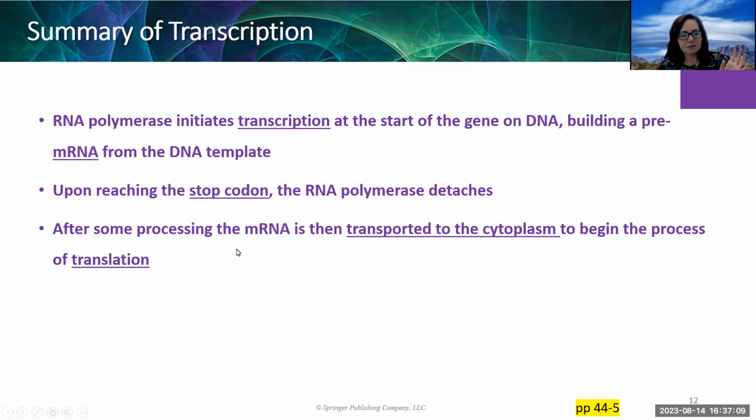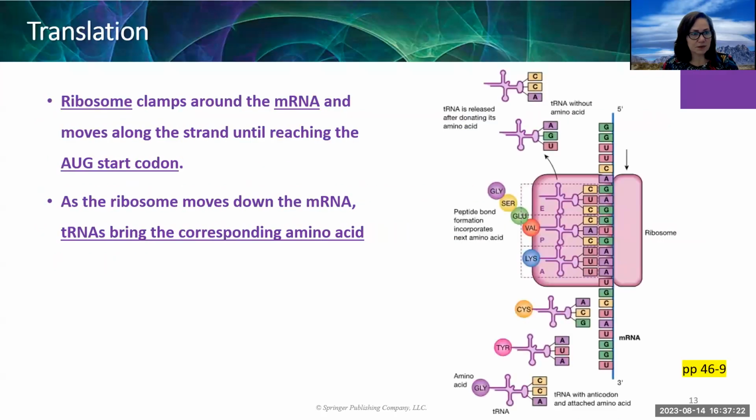Okay, and then the messenger RNA is processed a little bit. It has to leave the nucleus and goes out to the cytoplasm to begin the next step, the translation step. And that is what happens with the ribosomes. With the help of this ribosome, represented by this giant pink box here, it clamps around the messenger RNA, and here's where the magic happens.